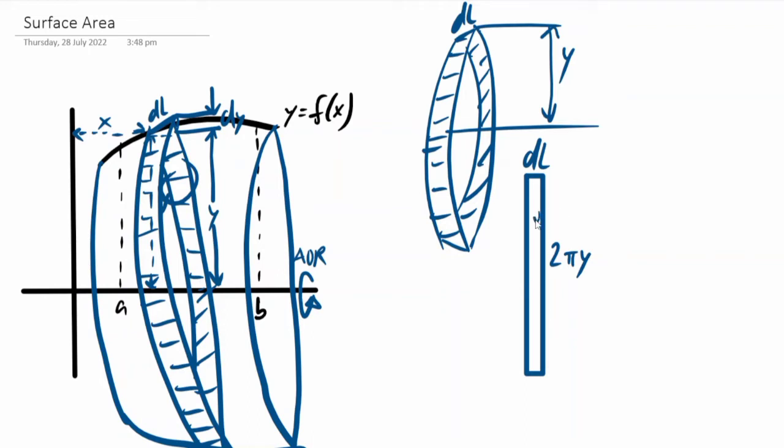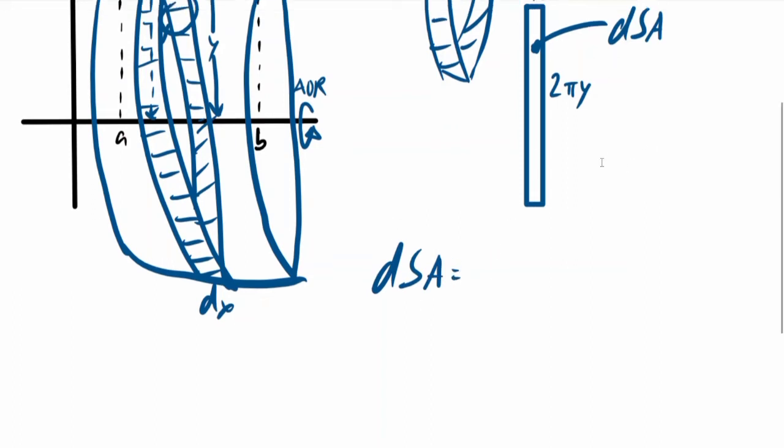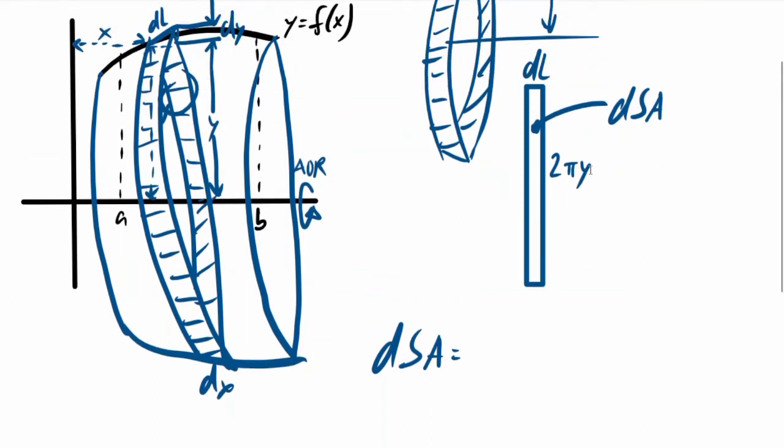And in the center is our surface area, or the differential surface area. So to get the formula for this, our differential surface area is using the formula for a rectangle. You multiply length and width, that is 2 pi y dl.